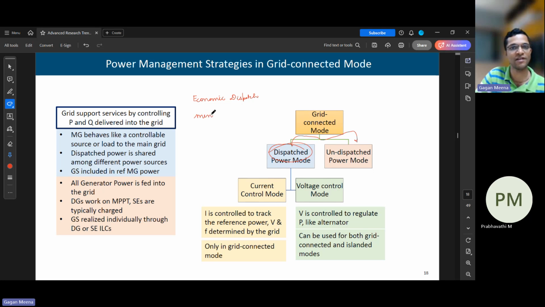In economic dispatch, we want to minimize the cost of operation of generators over PG, subject to the summation of generation being equal to the summation of load.